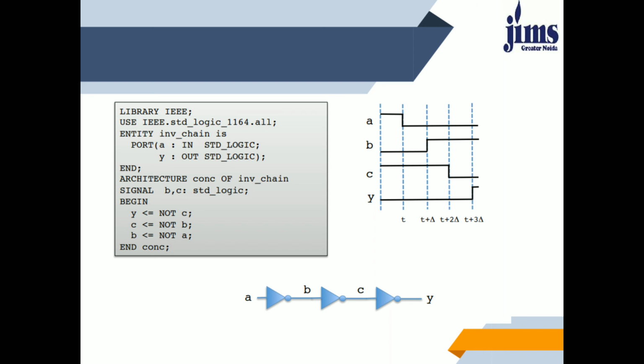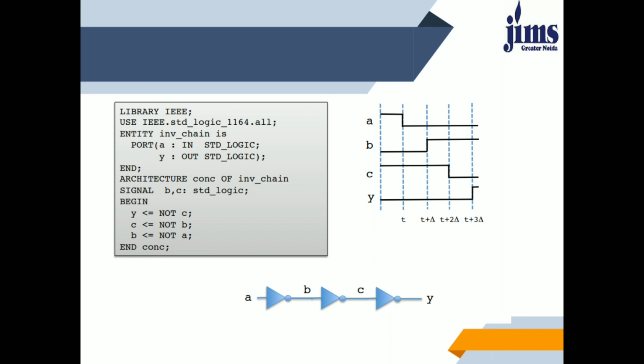In this example, the value of delta delay is not defined, but still we are applying the concept of delta delay. See in this waveform, A goes high and then low. Accordingly, B changes, and after B changes, C changes, and finally the output.